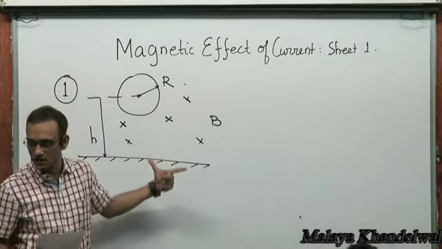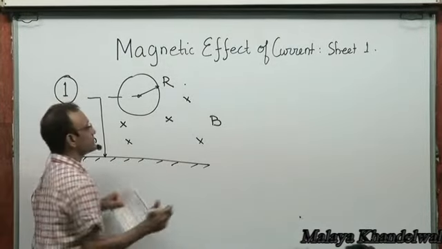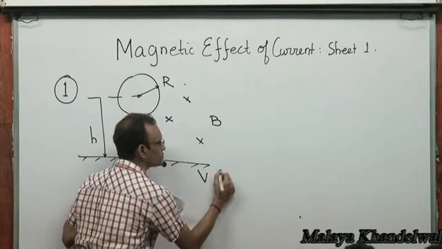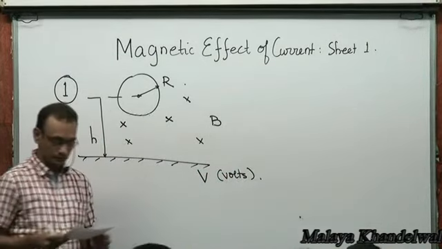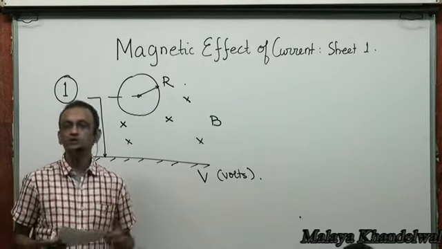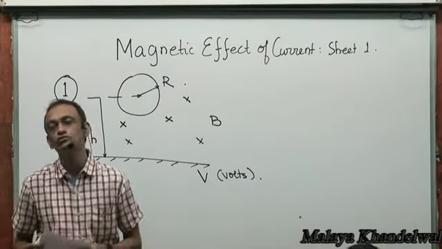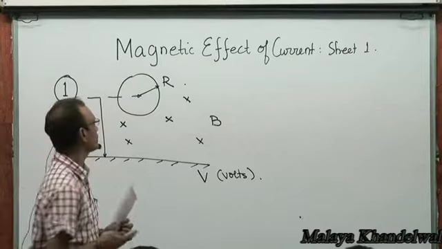This is a large conducting plane which is maintained at V volts. The sphere is metallic as well, therefore conducting, right?